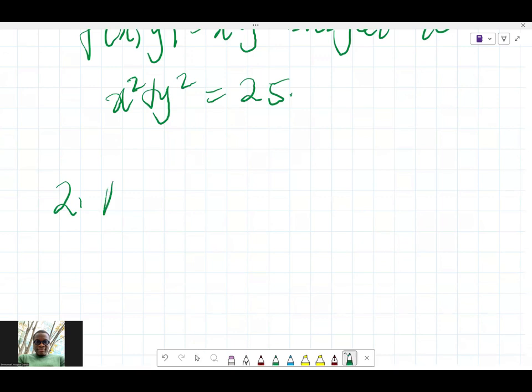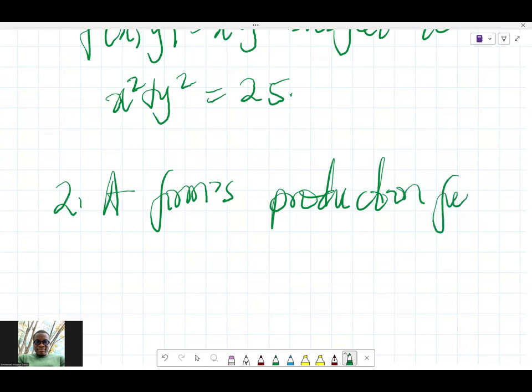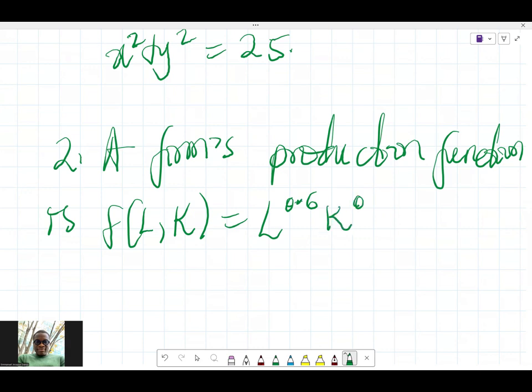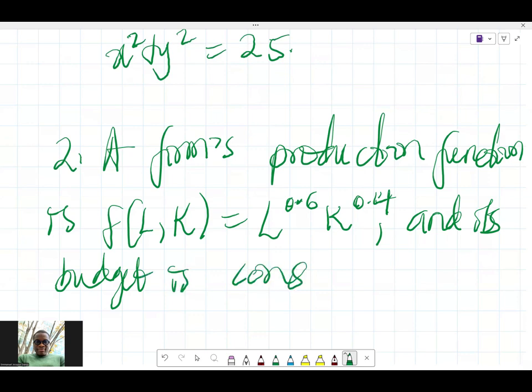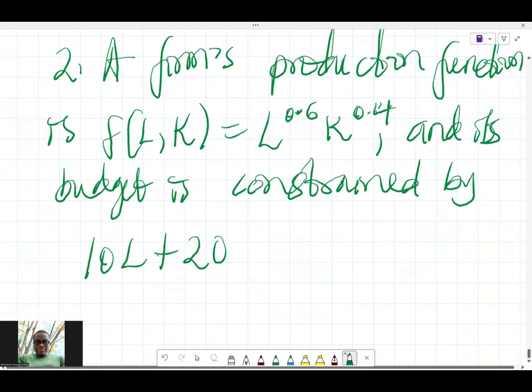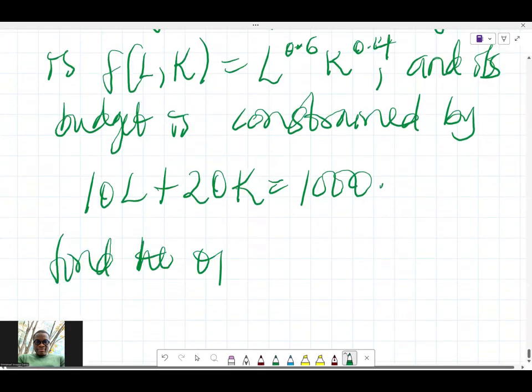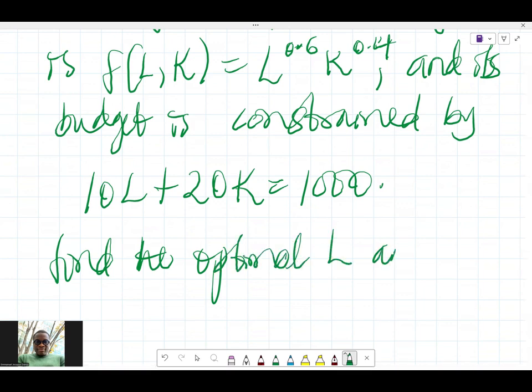A firm's production function is f of L comma K, which is equal to L raised to power 0.6, K raised to power 0.4, and its budget is constrained by 10L plus 20K equals 1000. So find the optimal L and K.